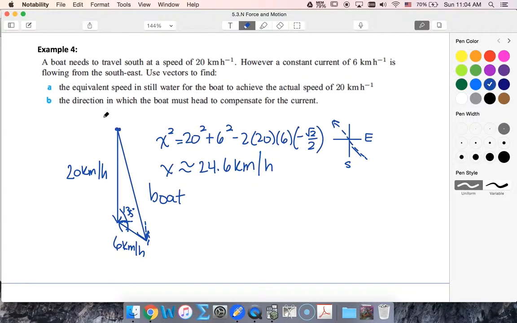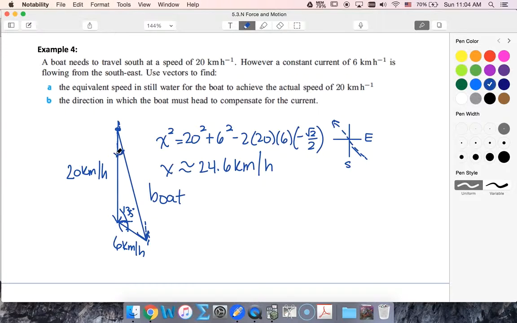The direction I'm heading, well, here's my north direction. So I could say that I'm heading, here's my angle, we've got theta. And so to think about this direction, we could say that we're headed south and then however many degrees to the east.